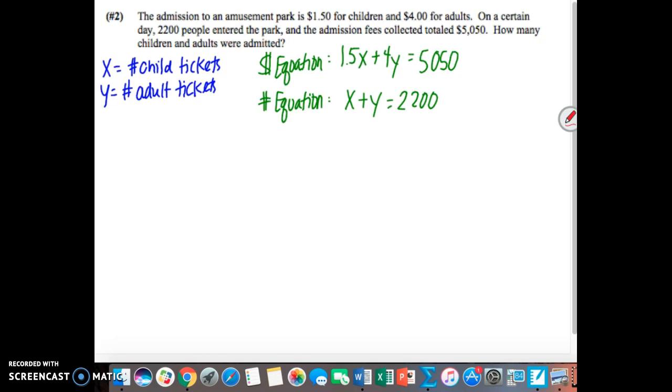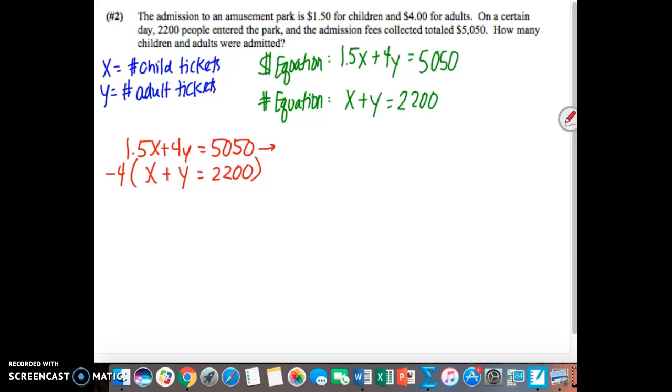So to solve for one of our variables, it would be easiest just to multiply the second equation by -4. So we'll have 1.5x plus 4y equals 5,050, and we have x plus y equals 2,200. You can do this many ways, but one of the ways, I'm just going to take the bottom equation and multiply it by -4.